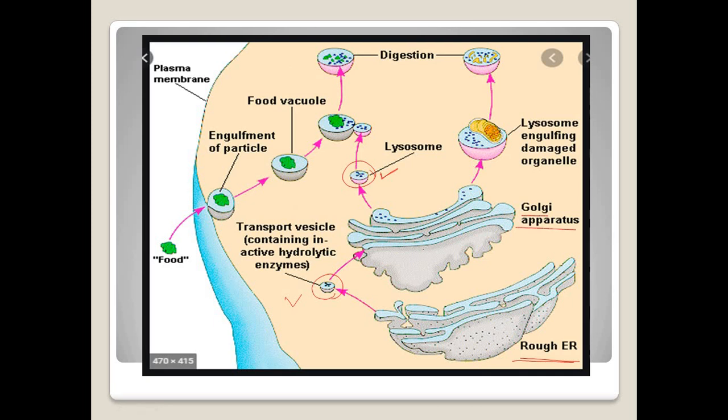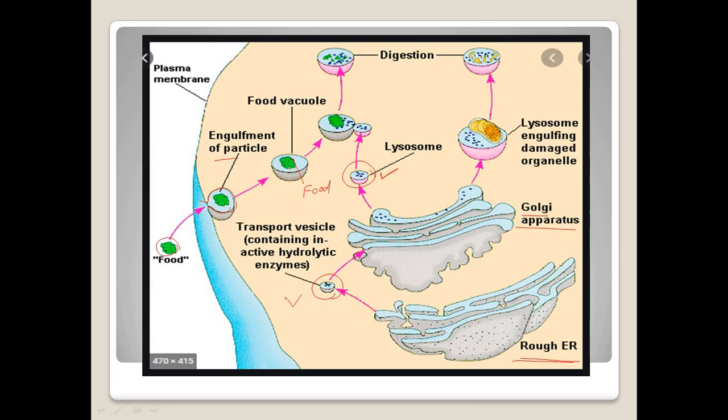Now let's first see this. Here, food enters by the process of endocytosis, that means invagination of the plasma membrane, and food enters into the cytoplasm, and the food vacuole receives this food. It engulfs the particles.